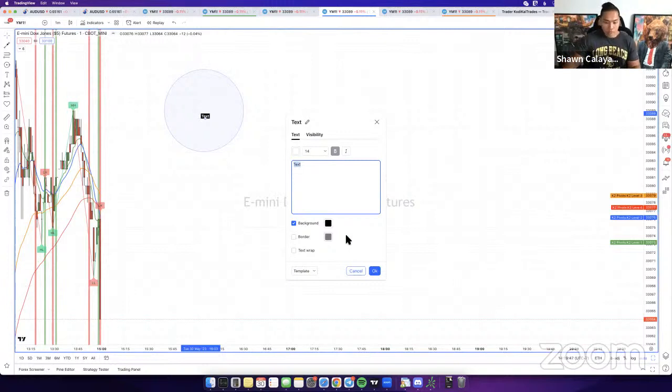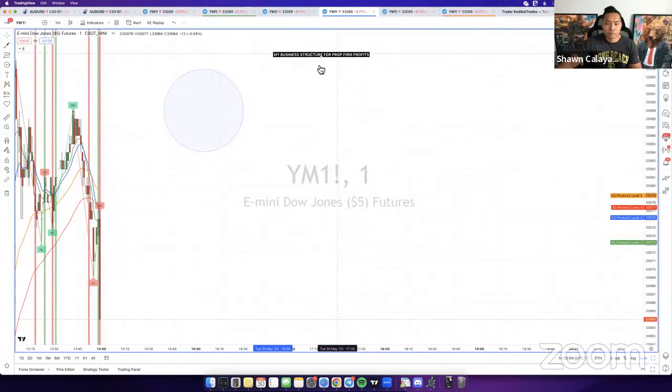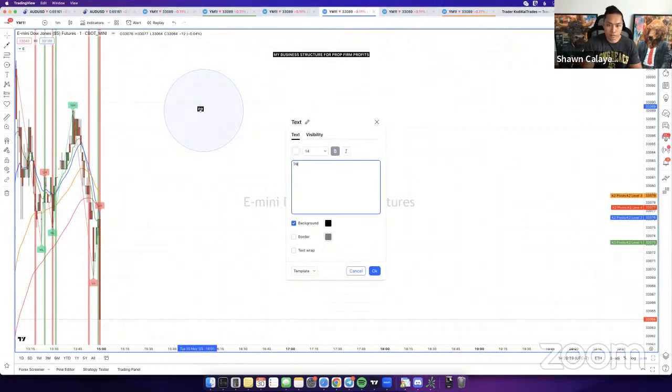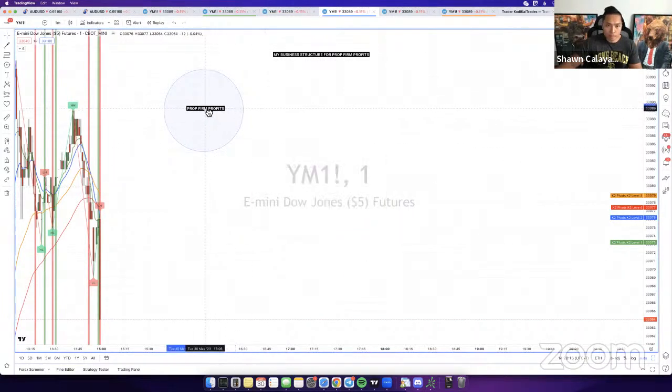So let me just show this quick. This is my structure for prop firm profits. These are the profits that I get from prop firms, FTMO and MFF. Those are the only 2 I use, TFF at some point, but right now it's just MFF and FTMO. So these are my prop firm profits.